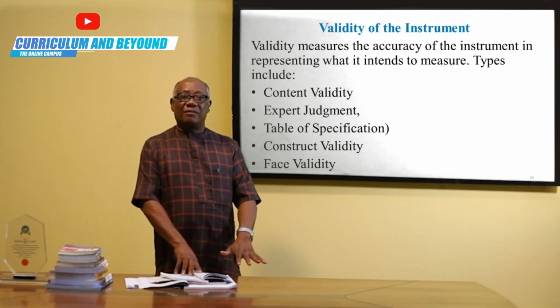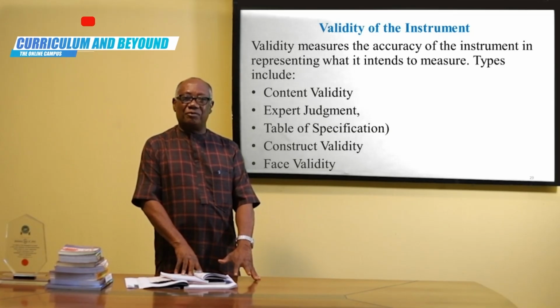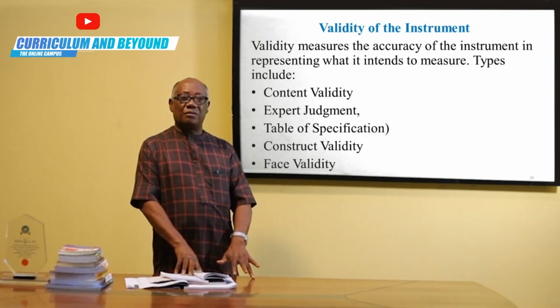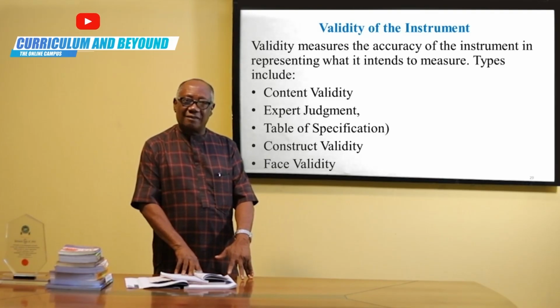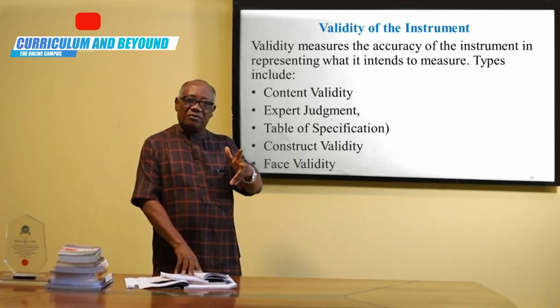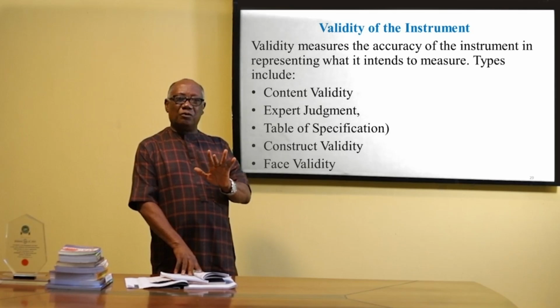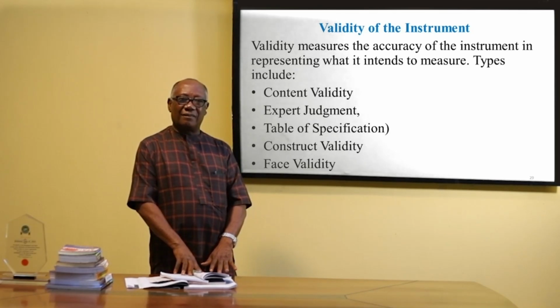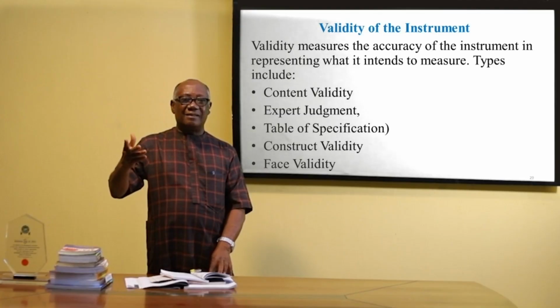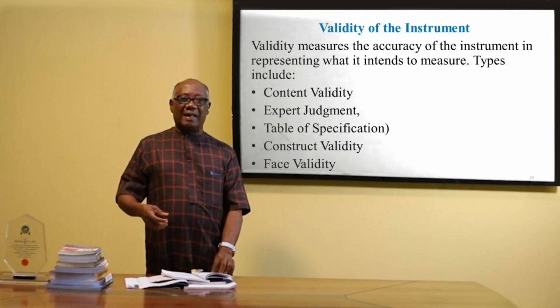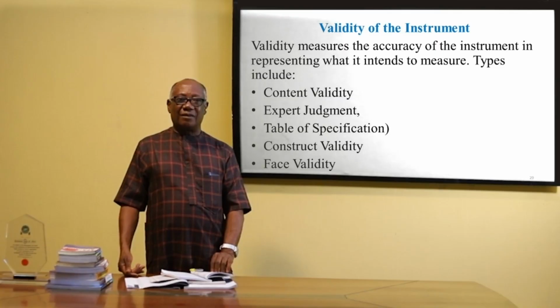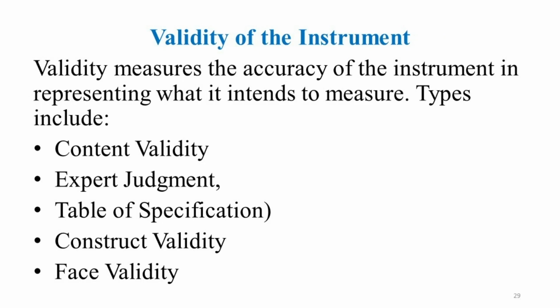You can use the content approach, or you use expert judgment. Oftentimes, all these can be used together. For achievement tests, for example, you could use content validity. In other instruments, like psychological instruments other than tests, you use constructs. You use constructs in establishing the validity.